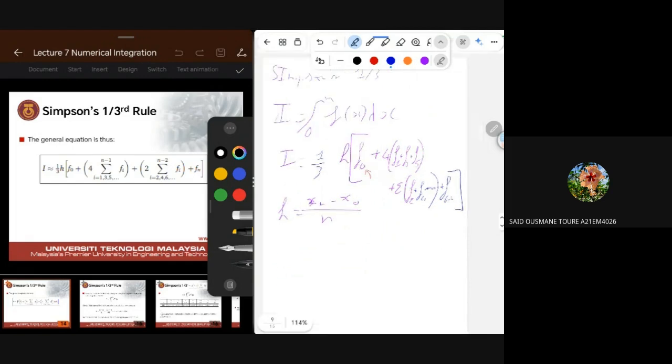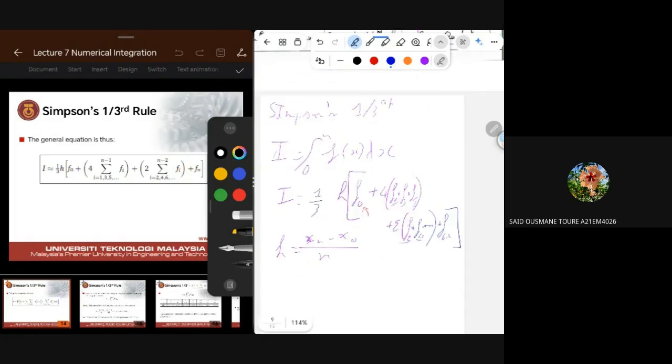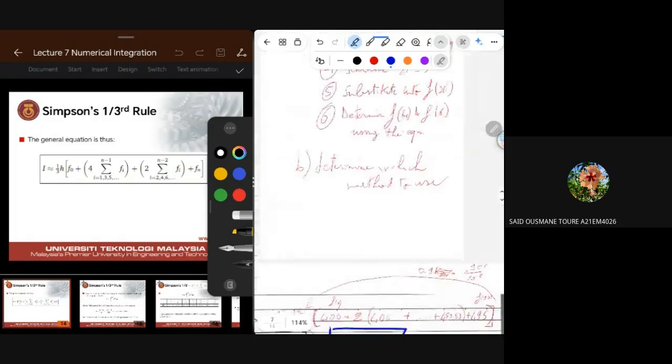What you need to be aware of is the values of f1, f3, f5. Don't get confused. For our case, we have two functions, rho x and acx. Don't mix the two. First, calculate f of each x, and then use the equations.